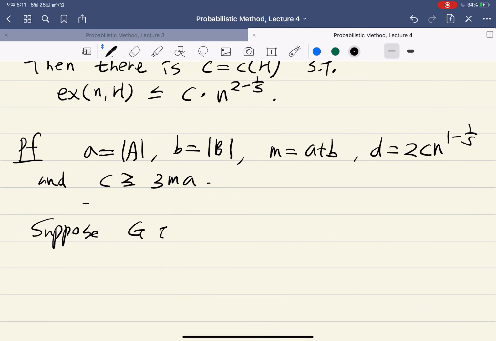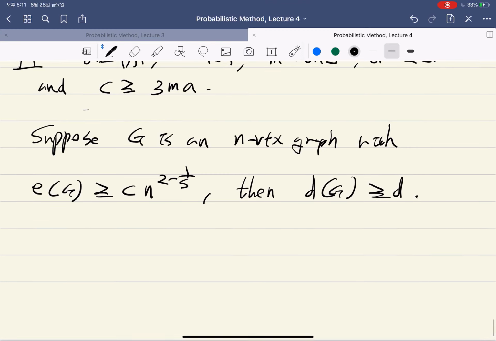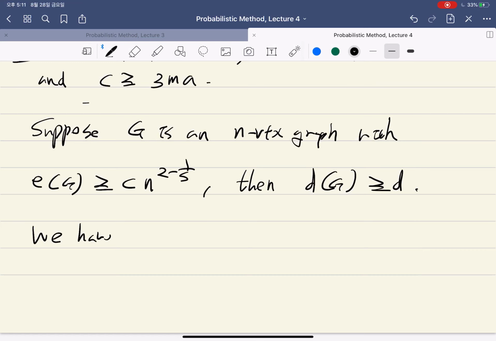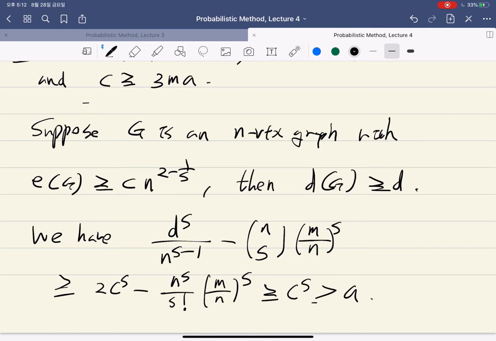Suppose that G is an n-vertex graph with number of edges at least C times n to the 2 minus 1 over S. Then the average degree is at least D. With the above choice, you can do the computation, and then d^s over n^(s-1) minus (n choose s) times (m over n)^s is bigger than or equal to A.